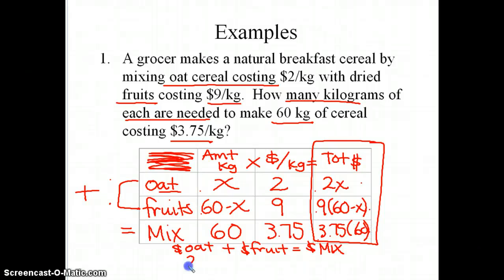So the cost of oats is 2x, plus the cost of the fruit is 9 times the quantity 60 minus x, and that equals the mixture's cost of 3.75 times 60. That would be your final setup for your equation, and you can solve from here.